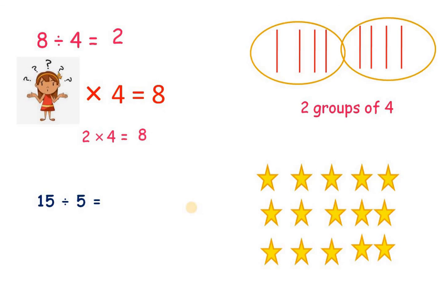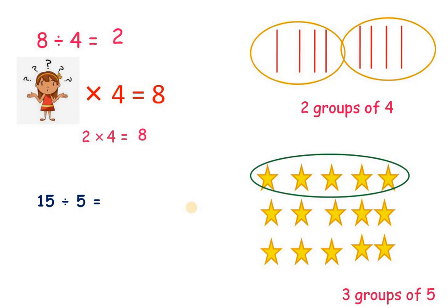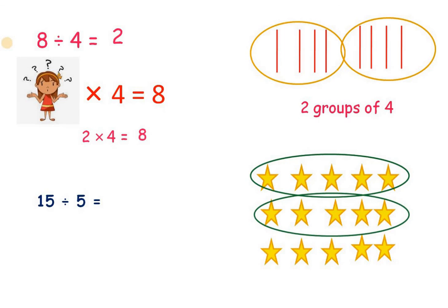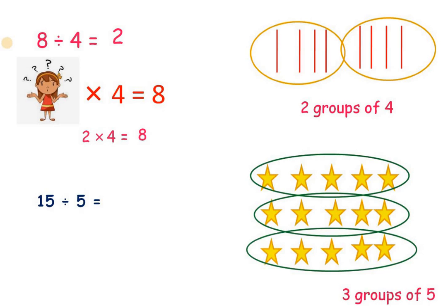So 1, 2, 3, 4, 5. So this is the first group. 1, 2, 3, 4, 5. This is the second group of 5, and this is the third group of 5. 3 groups of 5. So the answer is 3. 15 divided by 5 equals 3.